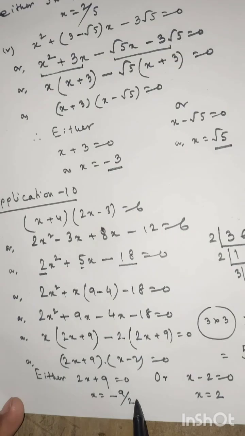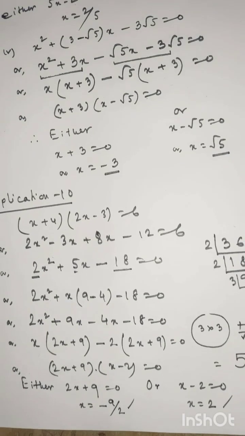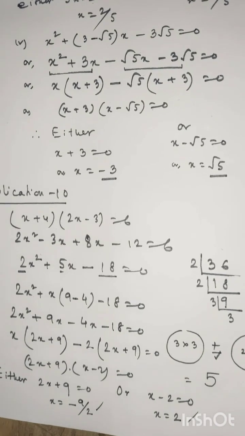They are x equal to minus 9 by 2 and x equal to 2. So I hope you can understand this solution and the process. Now let us proceed to another application.